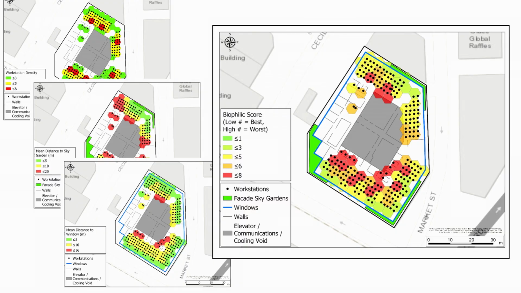Again, by implementing our hexagon tessellation, this time scaling it down again to a 5-meter distance, we can come up with a map of that office layout and determine where we are doing really well by getting those workstations to maximize the benefits from those biophilic elements, and where we could be doing better. So this, in turn, allows our designers to have some options of how they can either move around the layout of that office or implement additional biophilic elements in order to make sure that the benefits are reaped a little bit more in a balanced fashion.